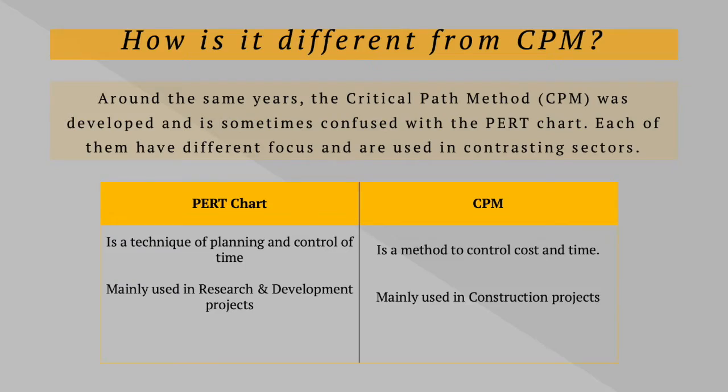We can say that time is the core of the PERT chart, while CPM is a method to control cost and time of the activities. We can also say the focus of each: the PERT chart is mainly used in research and development projects, while CPM is mainly used for construction projects.